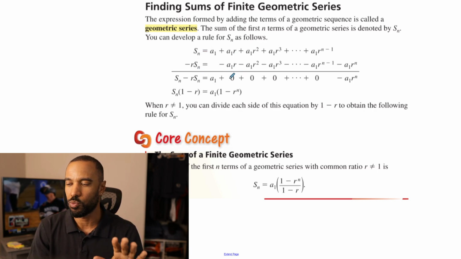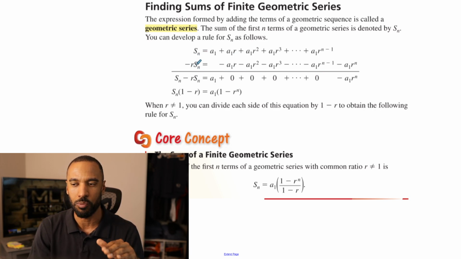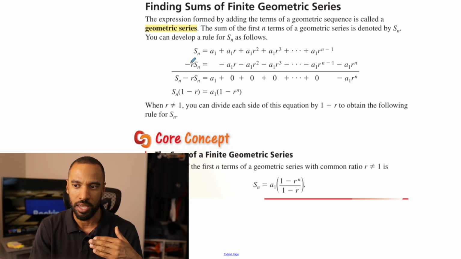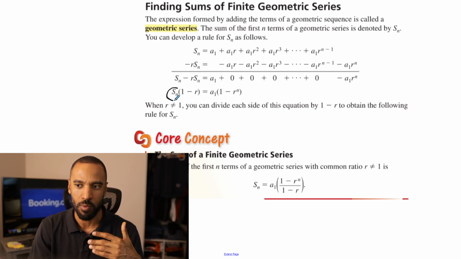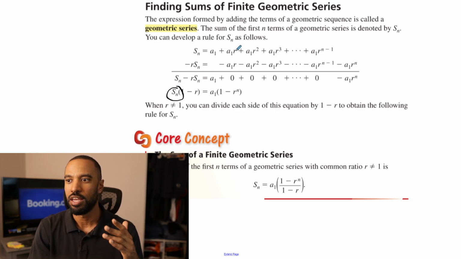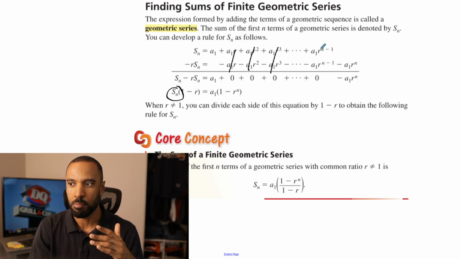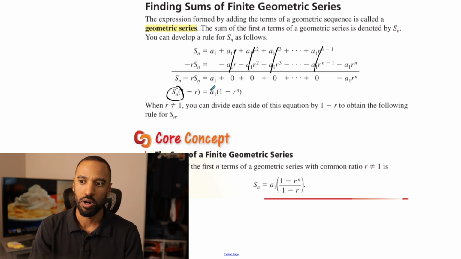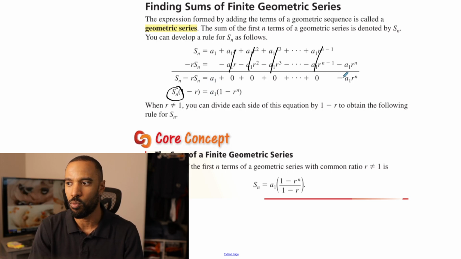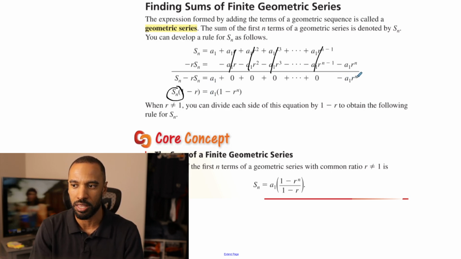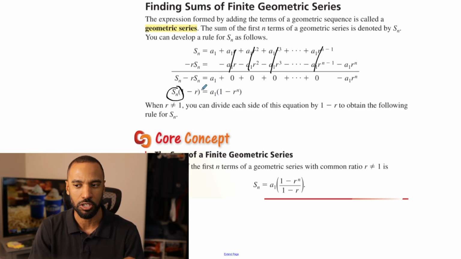But you can come up with the equation which cancels out all the middle terms when you add the results of these two things. What's going on is you're basically finding a way to rewrite this sum based off of canceling out things in the middle that would always be the same, whereas you have two unique terms: a sub 1 and negative a sub 1 times r to the n power, and a sub 1 is a common factor in both terms.